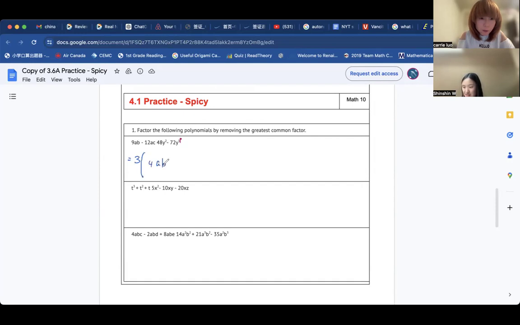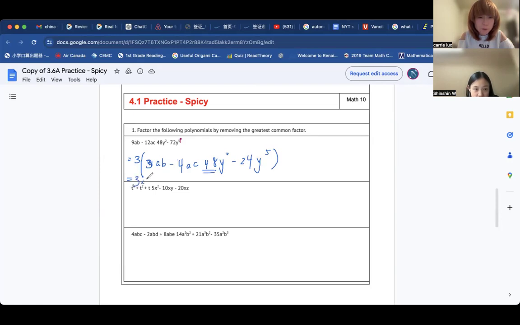So 3ab minus 4ac. So can I just combine 4 and 48 together? Minus 24y5. And they should have another 3 because this 48 has another 3.